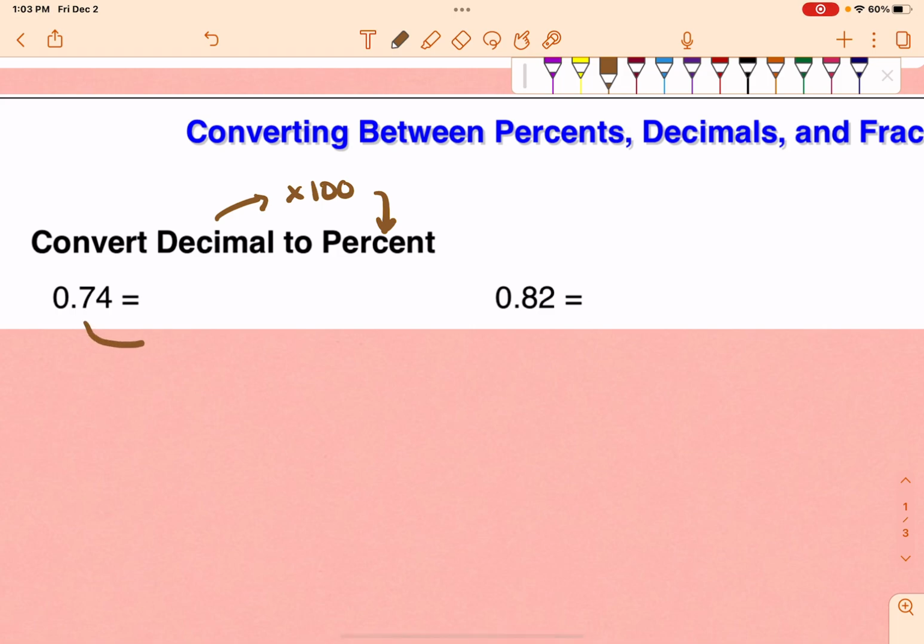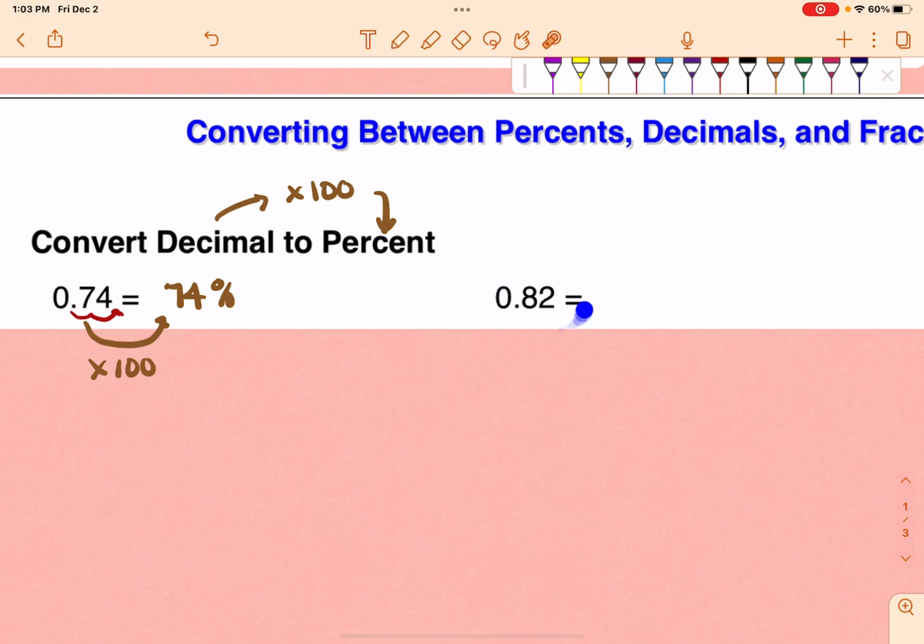So I'm going to take that and multiply it by 100 to get to the percent. So that's going to be 74%. Some people like to remember that basically that means that you're moving the decimal to the right 2 places. Okay, so moving it 2 places or multiplying it by 100 is going to give you the same thing.